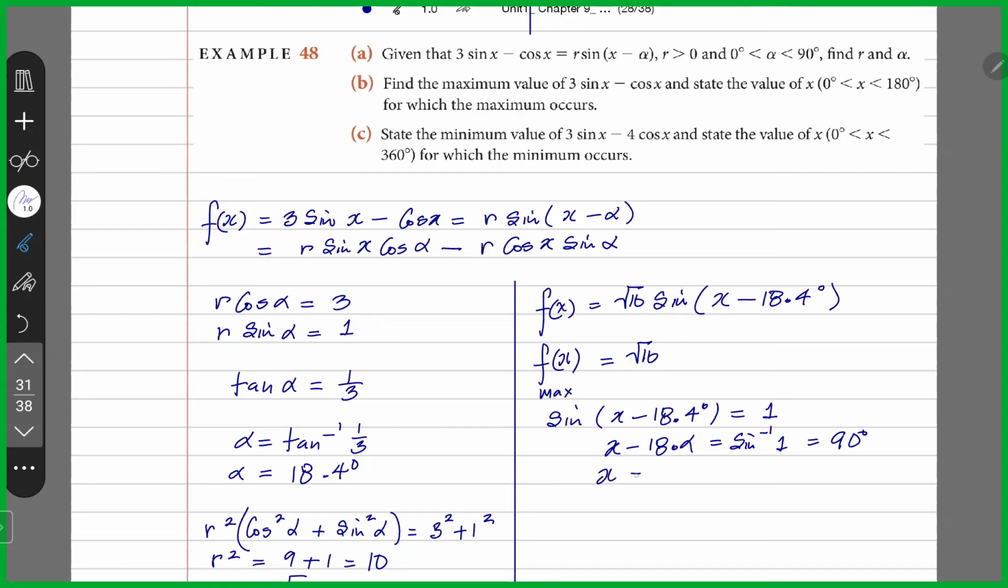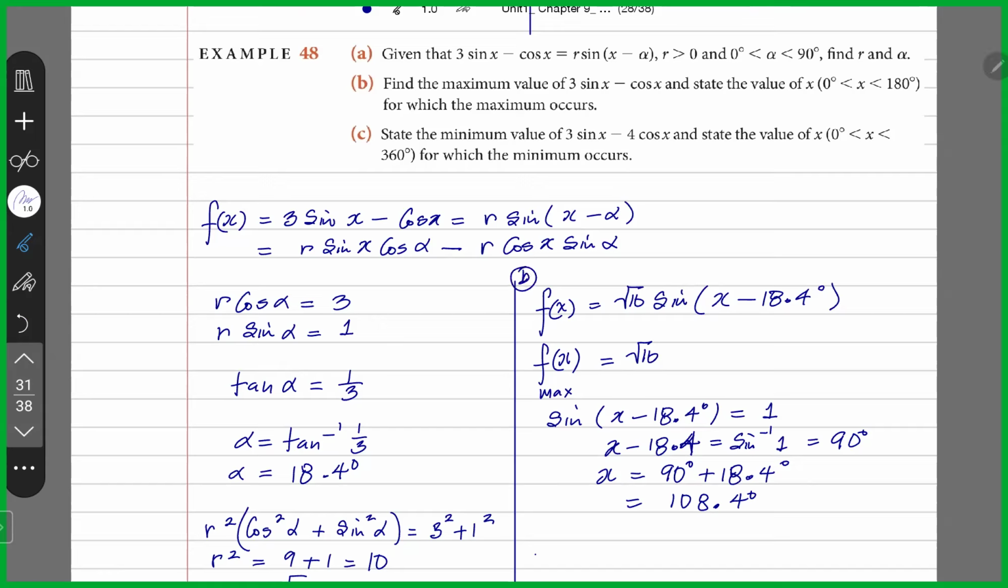So x is equal to 90 plus 18.4, which is equal to 108.4 degrees. So x equal to 108.4 degrees is the value of x for which f of x is a maximum. So this is B.